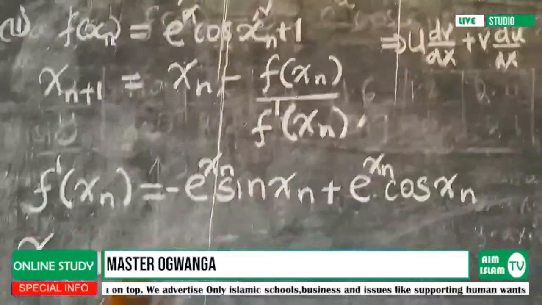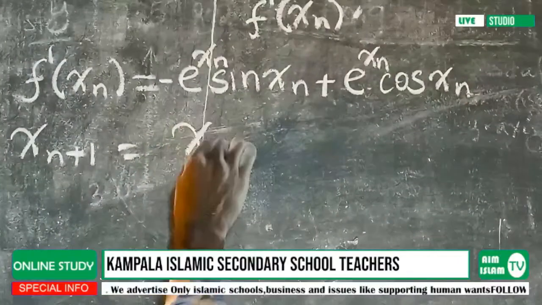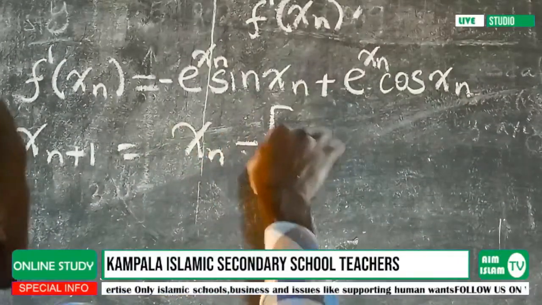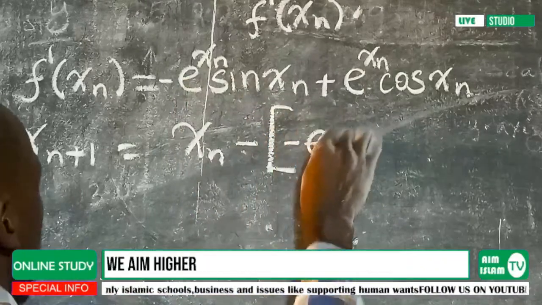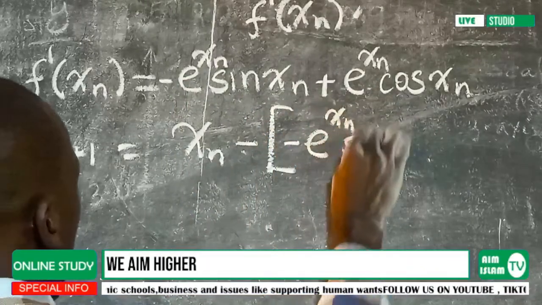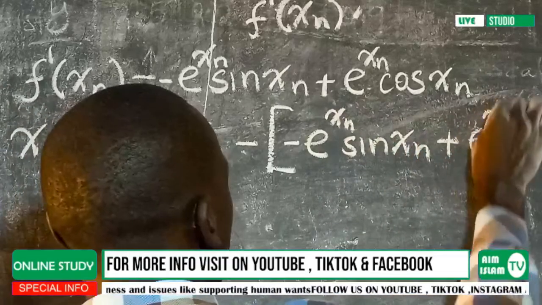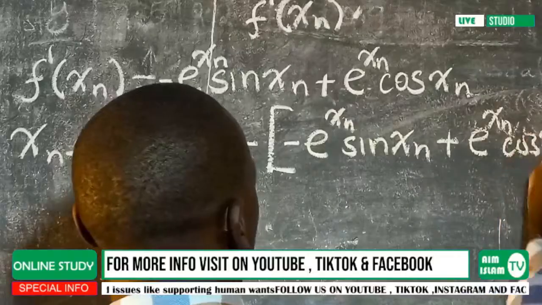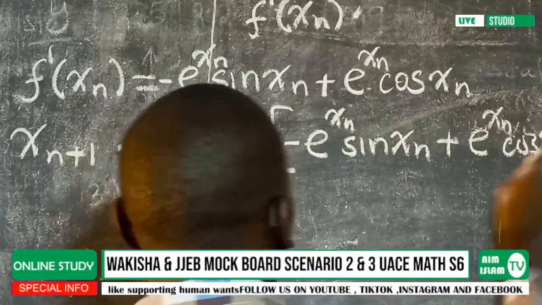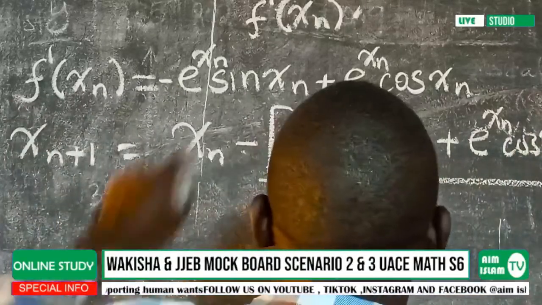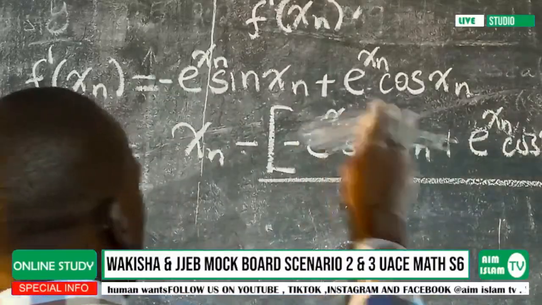Then substitute in the formula. This is x n plus 1, so you have x n minus the function, no, this is wrong.